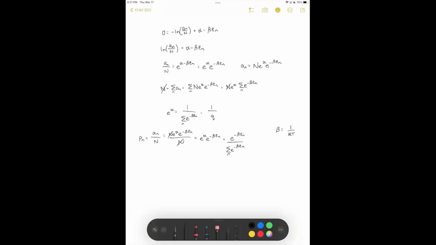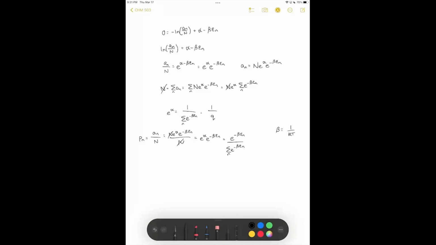So we take e raised to some constant times our energy level and divide that by the sum of all of these for every energy level, and that is the probability that we will observe a molecule at that energy level. And that is pretty remarkable.